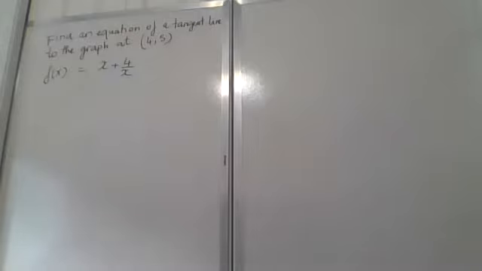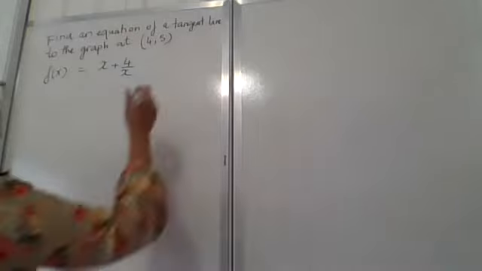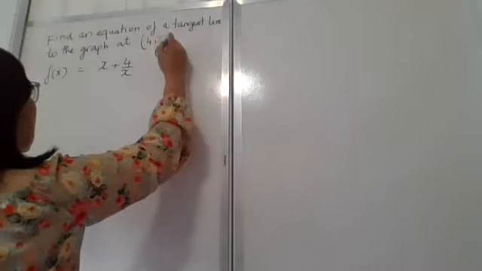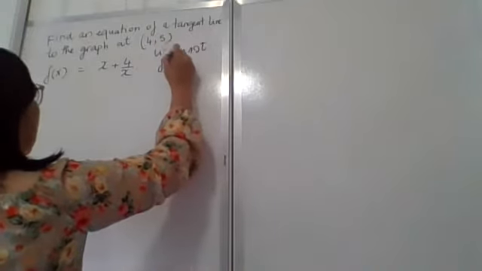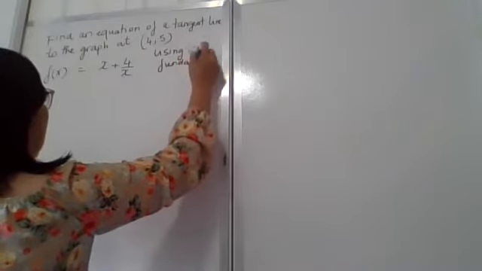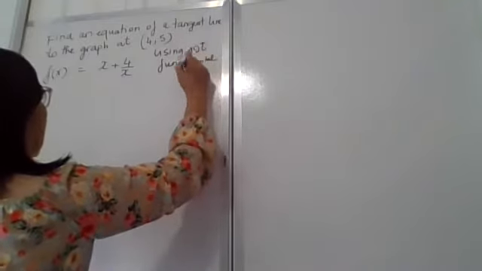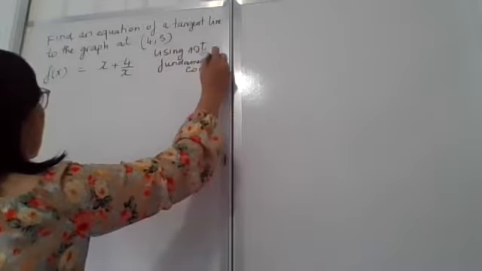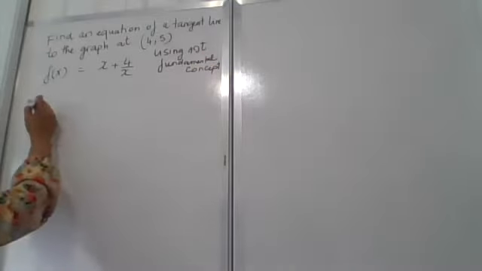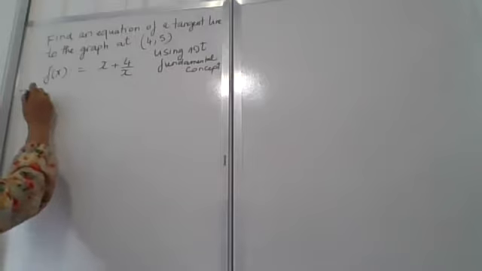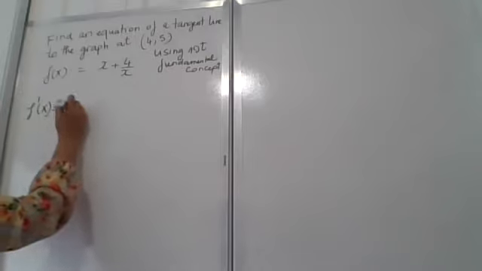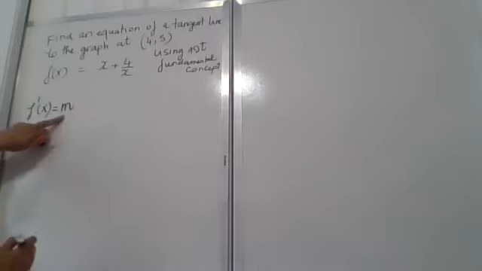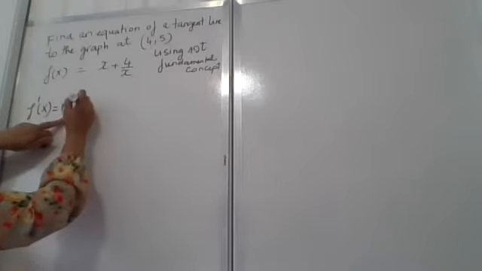So again, we're going to use the first fundamental concept in calculus, which is that the derivative f prime of x equals the slope represented by m, the same as the slope of the linear function.